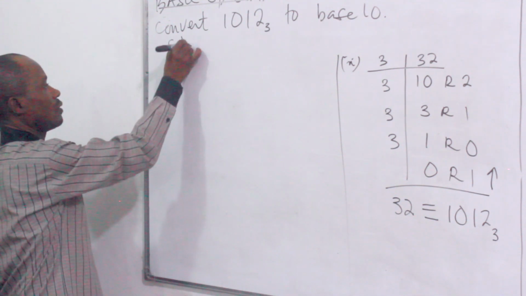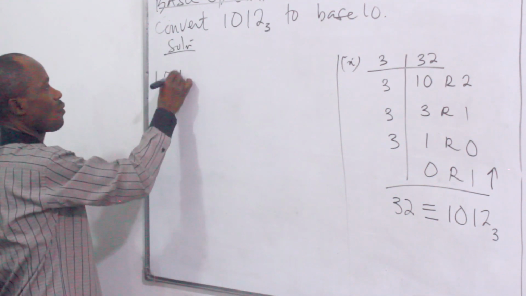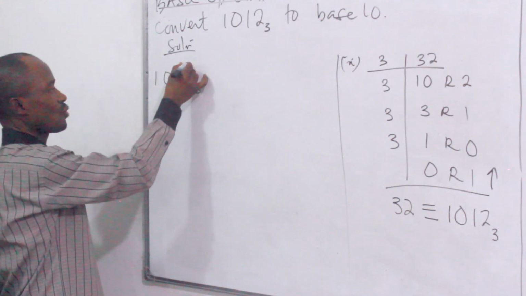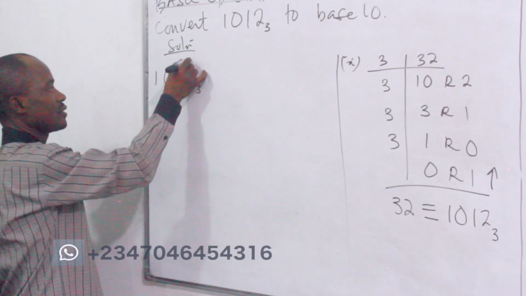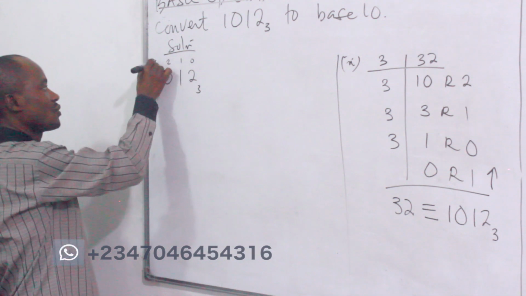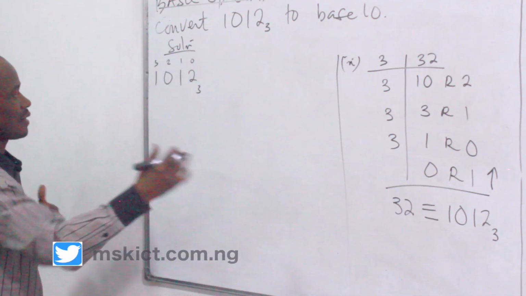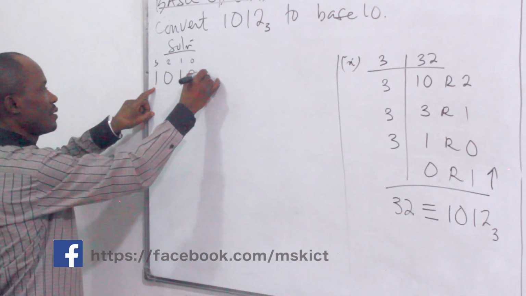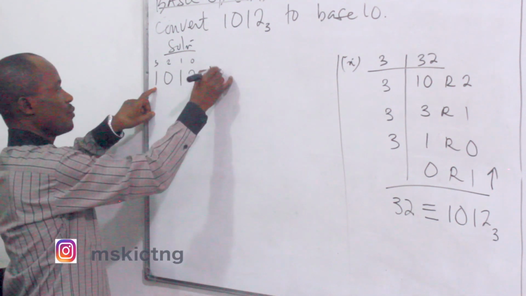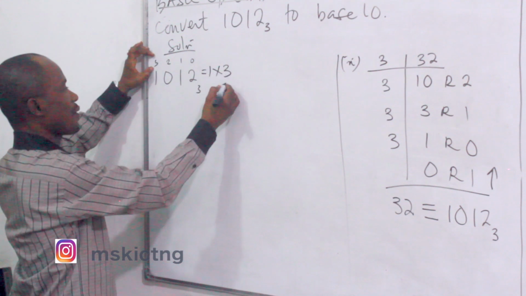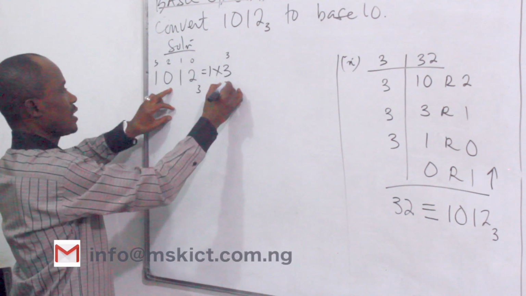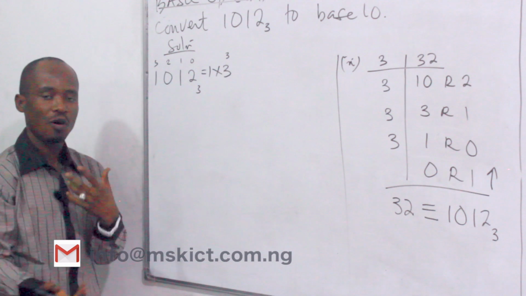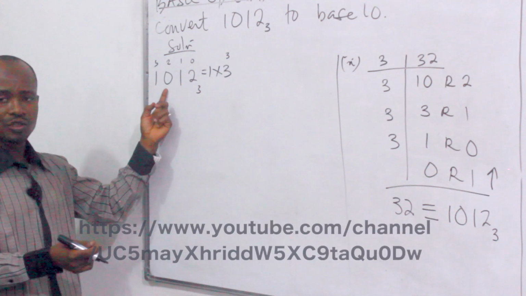You have 1, 0, 1, 2 from base 3. So you assign these imaginary powers 0, 1, 2, 3, starting from the right side. We take the first digit, which is 1, and multiply by the base, raised to the power of 3. You take the second digit. In an exam hall, whenever you come across 0, you can omit it.